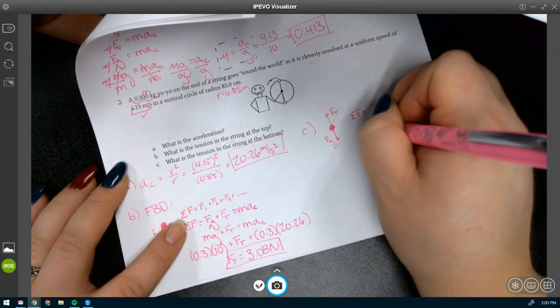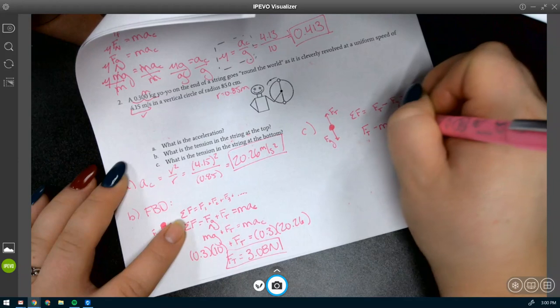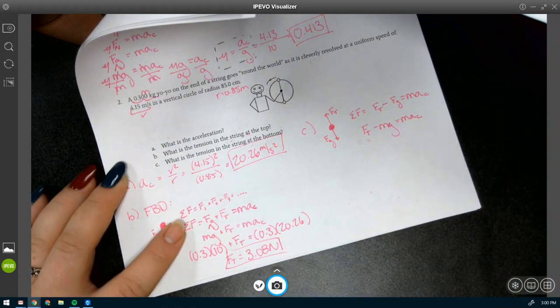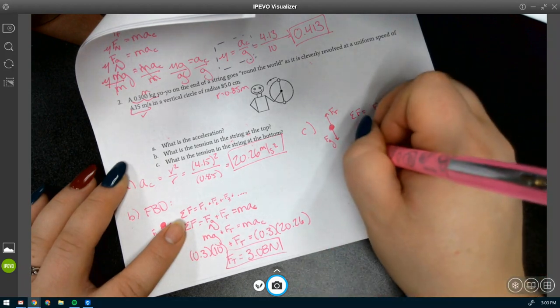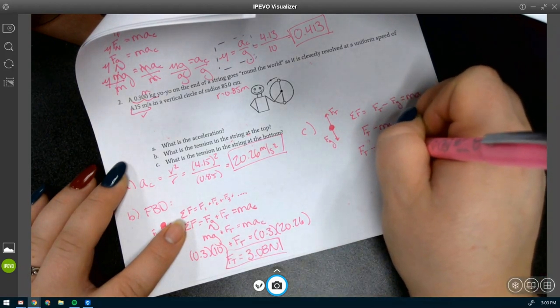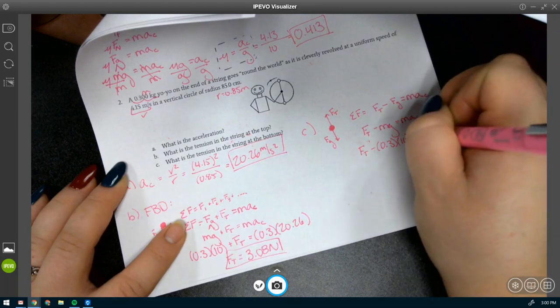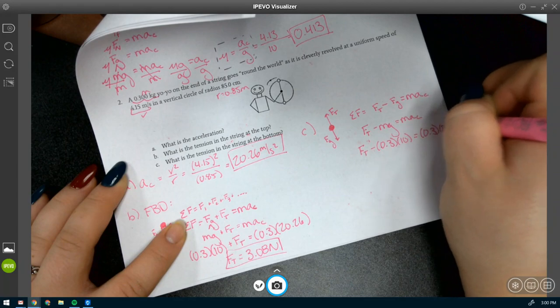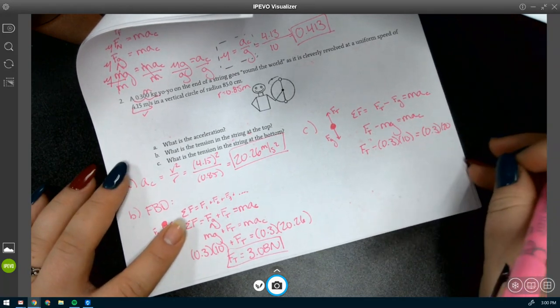So we can write FT minus mg is equal to mac. So FT minus 0.3 times 10 is still equal to 0.3 times 20.26, and I ran out of room, sorry.